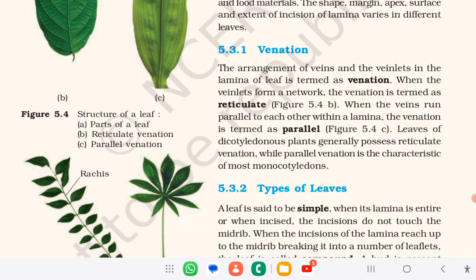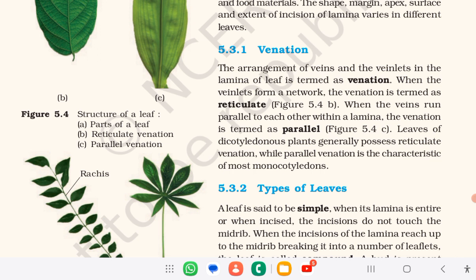Number 1. Venation. The arrangement of veins and the veinlets in the lamina of a leaf is termed venation. When the veinlets form a network, the venation is termed reticulate.